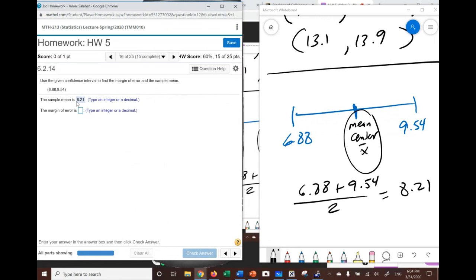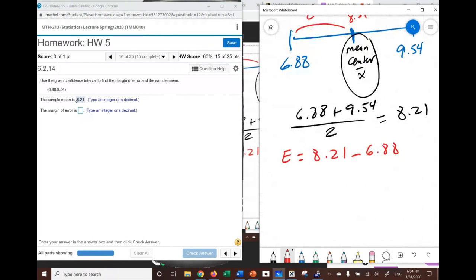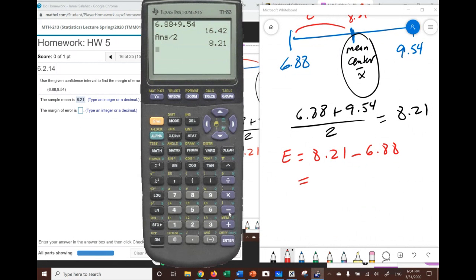The second one is, what's the margin of error? So if this number is 8.21, the distance here is always the error. So what is the error? You're going to take the error to be 8.21 minus 6.88. And if you do the math on the calculator, this is going to be 8.21 minus 6.88.